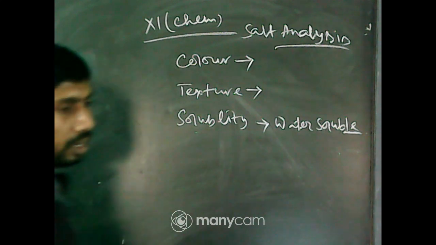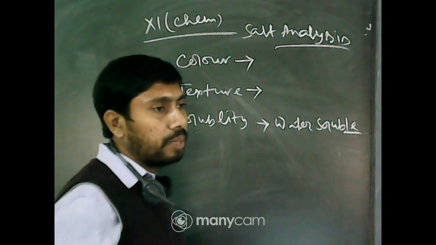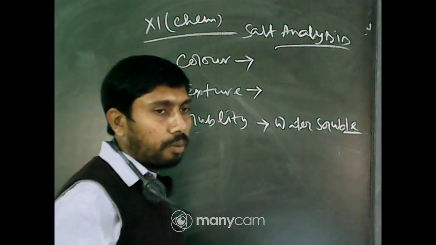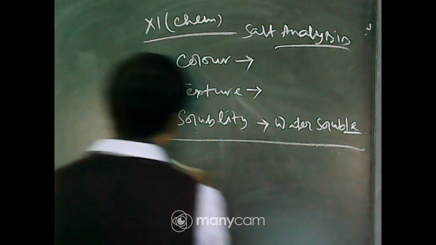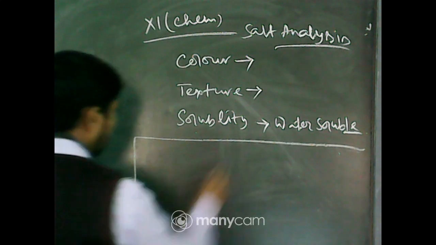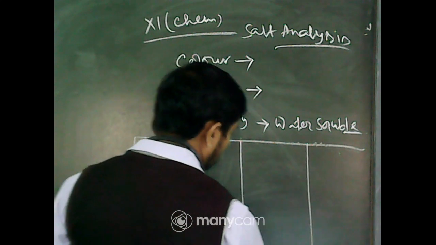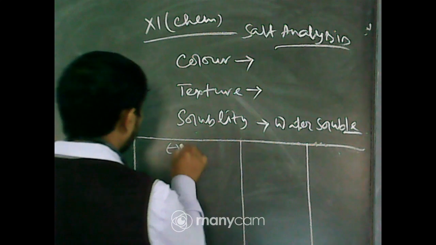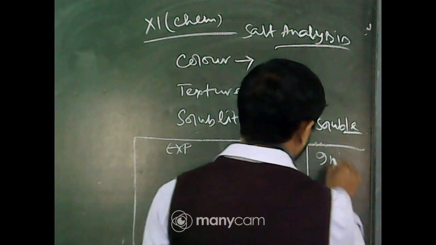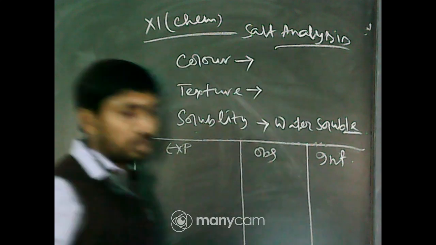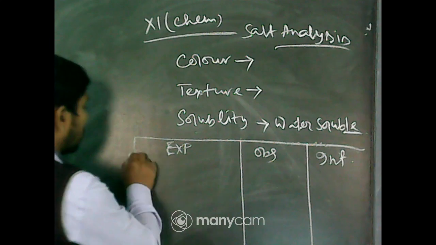So, the overall experiment will be in a tabular format. The format is like that, 3 columns will be there: the experiment column, observation column and inference column. 3 columns will be there: experiment, observation, inference.